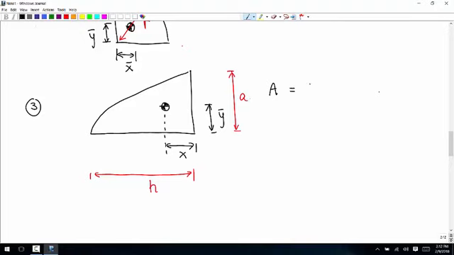The area then is 2ah over 3. X bar is 3h over 5. And y bar is 3a over 8.